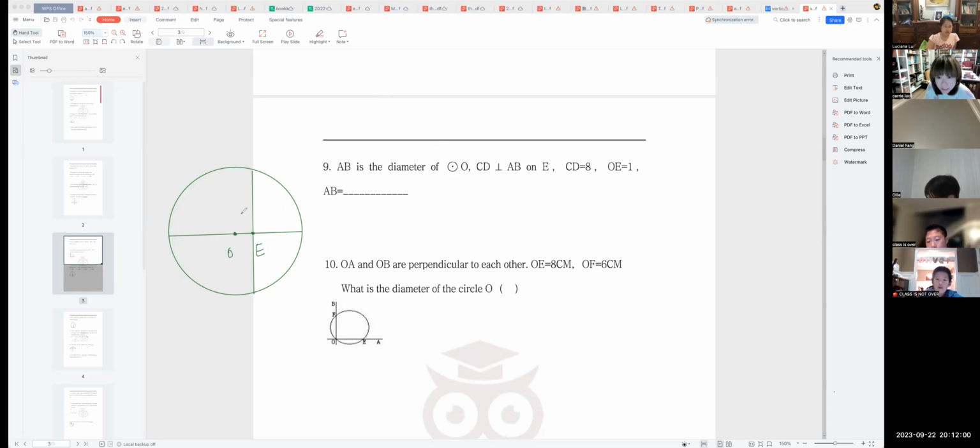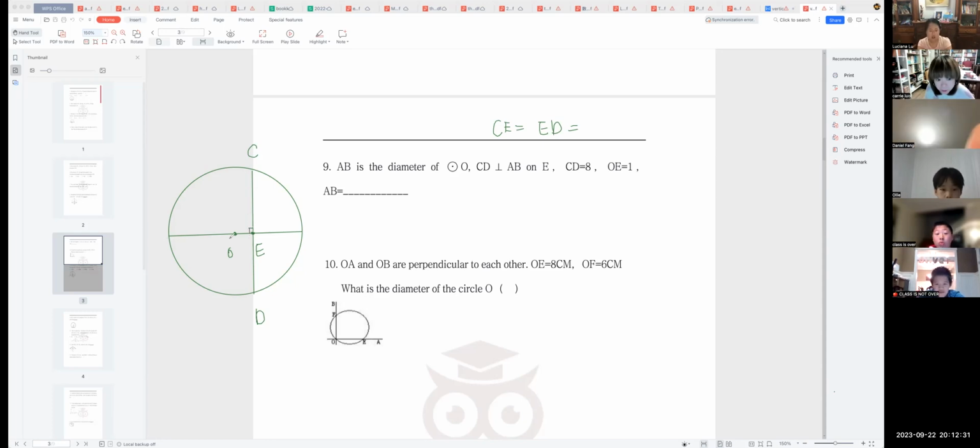Okay, so CD is 8. So this is CD. CD is perpendicular at E, so CD equals 8. So can you tell me CE equals what? And ED equals what? CE equals ED, right? Equals what? This is perpendicular.